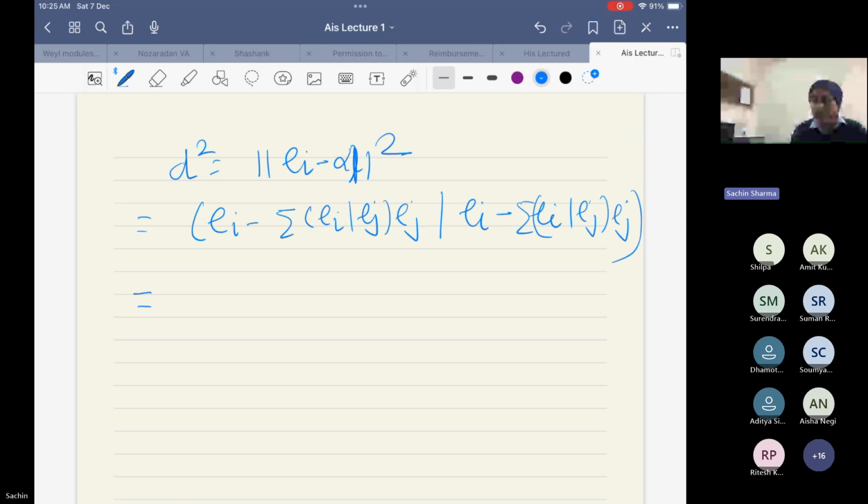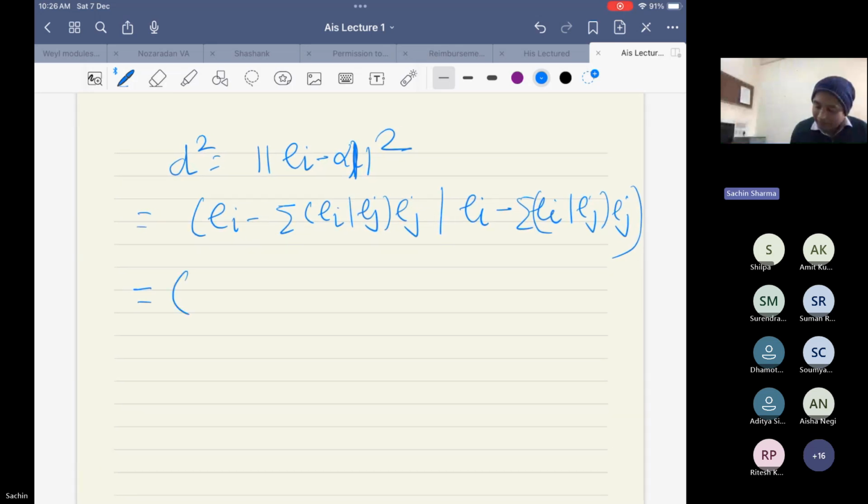What does this come to be? Do the calculation. Once the calculation starts, my tendency is to become very slow, so I urge you to do it.